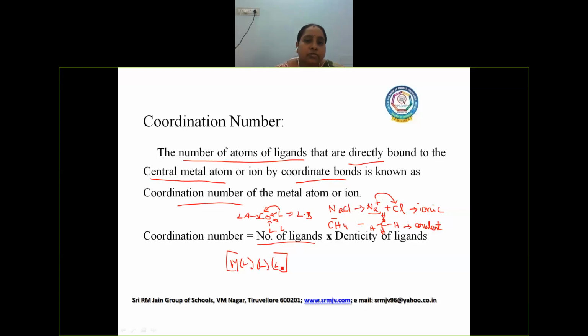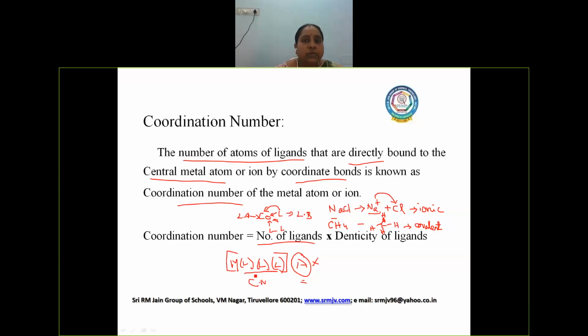Sometimes three ligands will be taking part in the complex. And outside that, an anion will be present. So we should not consider this. Why should it not be considered? Because it is outside the sphere. Whereas these three ligands are inside the sphere. So this will be considered to be the coordination number.